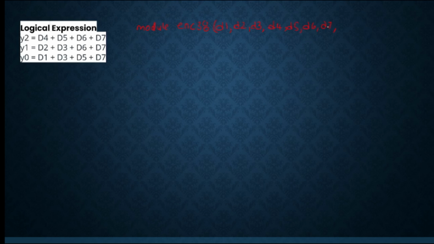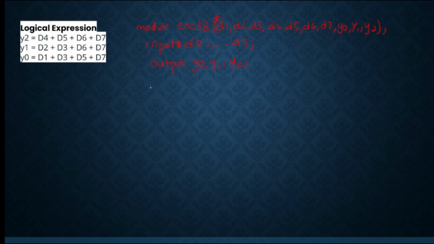These are the inputs, from D0 to D7, and the outputs are Y0, Y1, Y2. Okay, this is my inputs and outputs declaration. That is all we need.